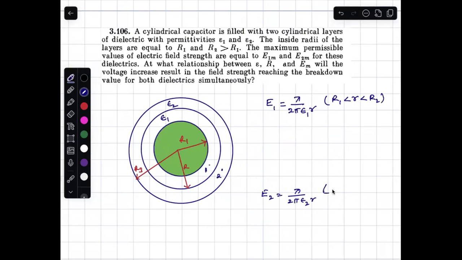And this is R2 less than r less than R3, assuming that the boundaries are till R3. Medium 1 range is between R1 to R2. Medium 2 range is between R2 to R3. And the field is strong in the region R1 to R2 as per the formula.